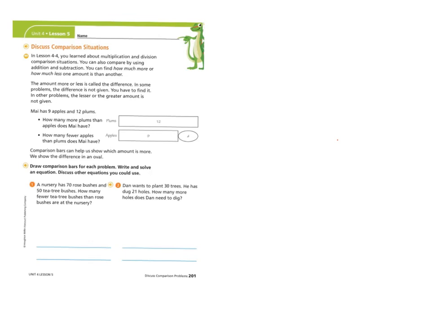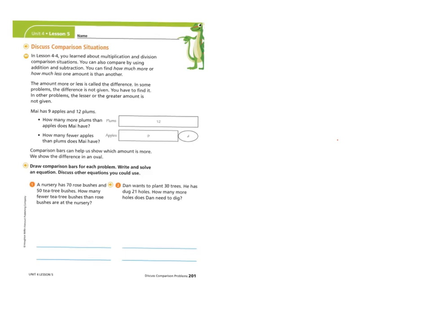When you complete page 202, please take a picture of that and post it to Seesaw, just like you did with lesson 4. And then also Think Central 4.5 will be due as well, and I'll get that posted. So all this will be posted Wednesday morning for you to complete.